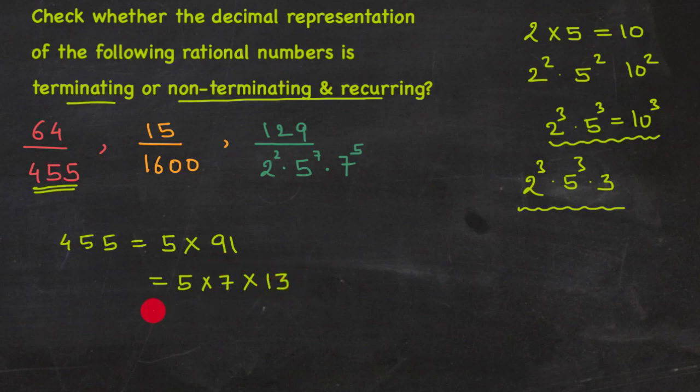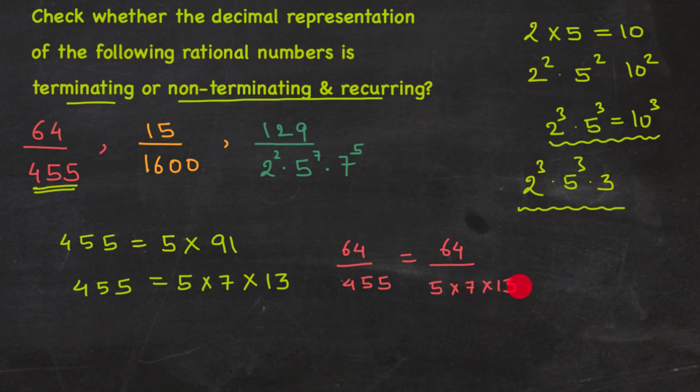So 455 is basically 5 times 7 times 13. So this 64 upon 455 can be written as 64 upon 5 times 7 times 13.